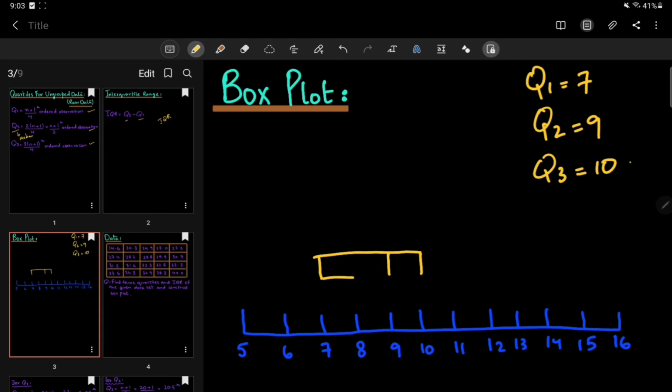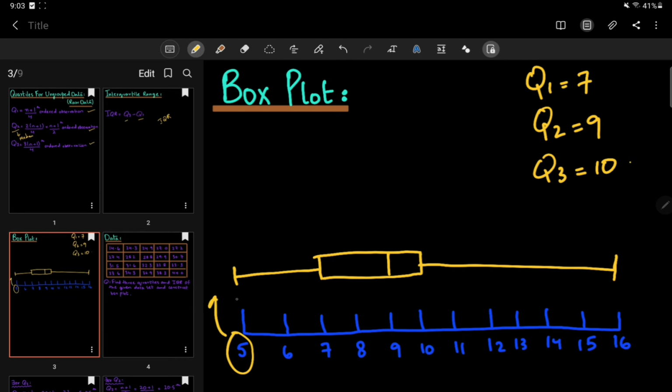We will make it like a rectangle and mark the line with the minimum and the maximum. If the data starts with 5, then it is the minimum, and if the data ends with 16, then it is the maximum. So it is Q1, Q2, and Q3.